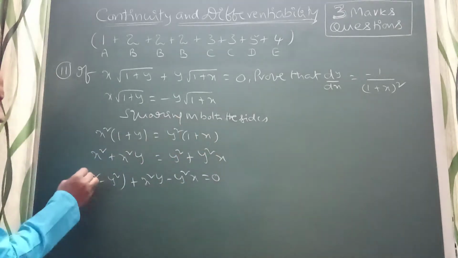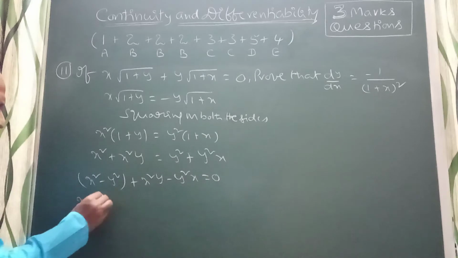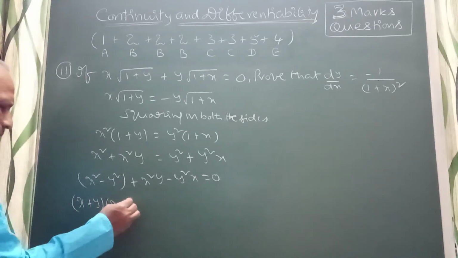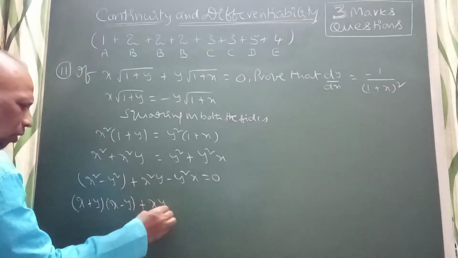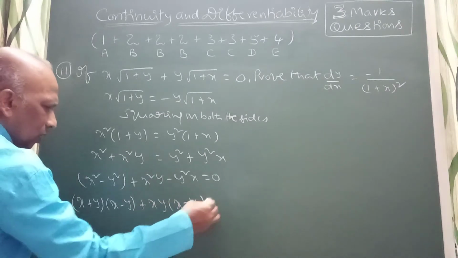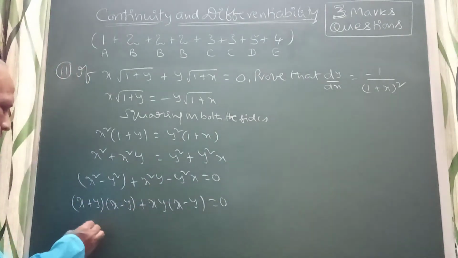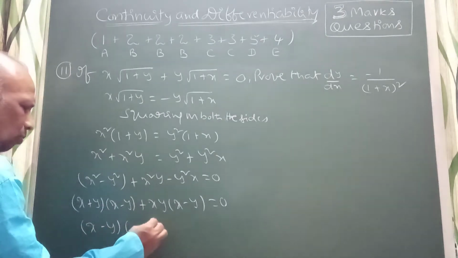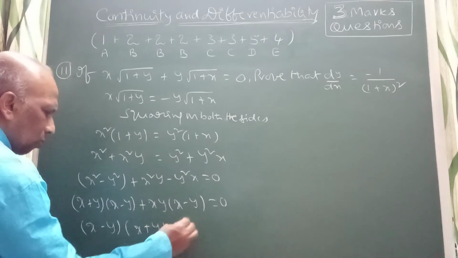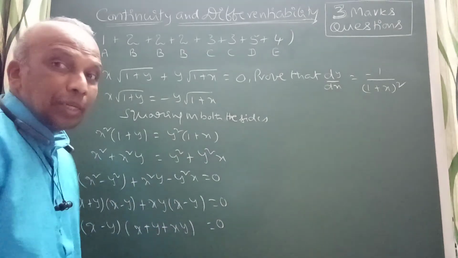Transfer this side. This I can write (x plus y) into (x minus y). Here I can take xy common, you will get xy into (x minus y) equal to 0. Here I can take (x minus y) common. Then you will get x plus y plus xy equal to 0. Here x not equal to y. Why?